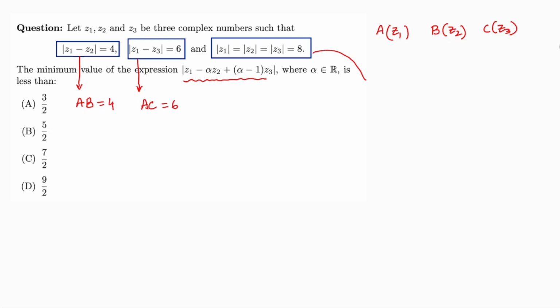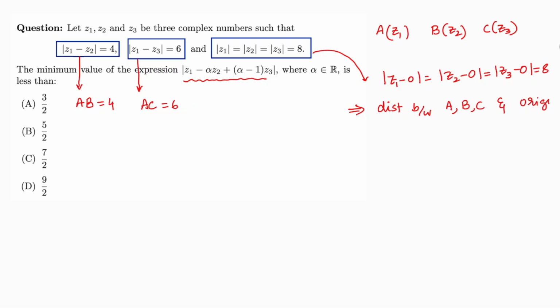What is the meaning of this statement? That is, magnitude of z1 minus 0 is equal to magnitude of z2 minus 0 is equal to magnitude of z3 minus 0 is equal to 8. That implies all the points represented by the complex numbers z1, z2, z3, the distance between them and the origin is 8.